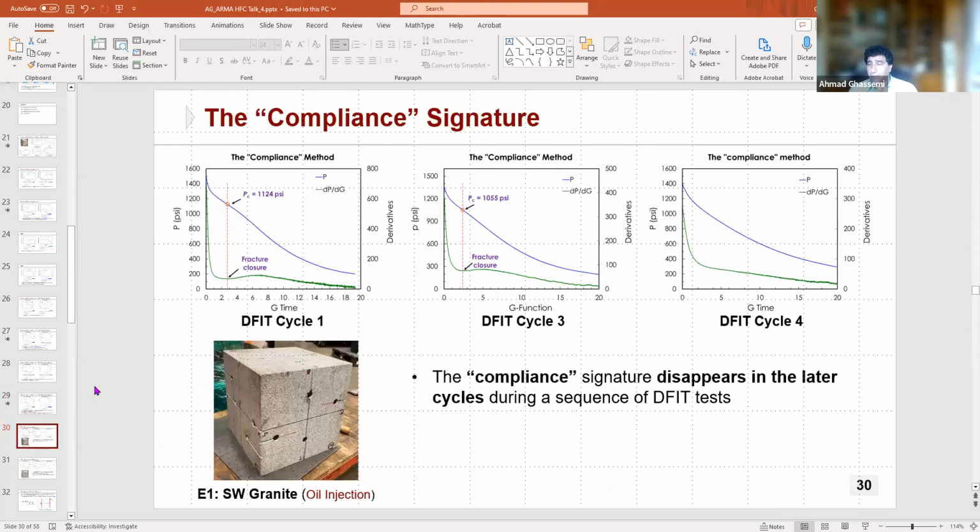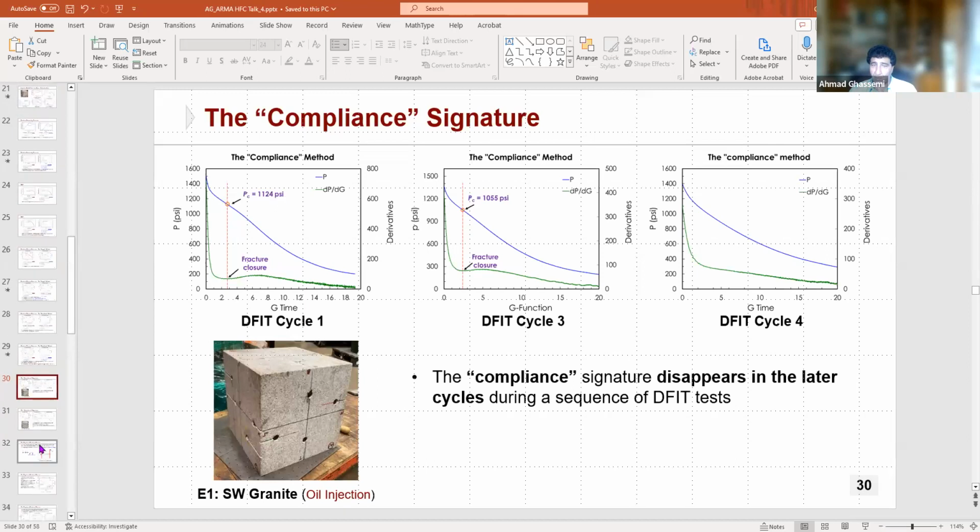So there's also a finding that we have, and that is that if we do multiple cycles of injection falloff, that tends to make the compliance signature disappear. So the signature is dependent on the injection history, and I think that's why it is suggested that the first cycle be used for that.